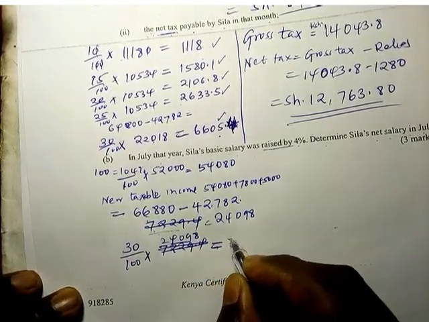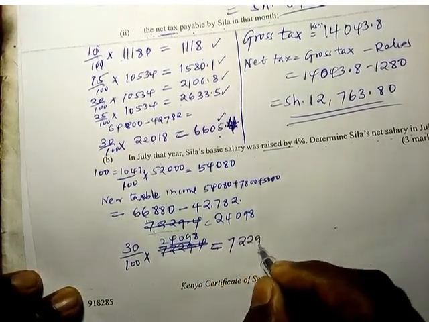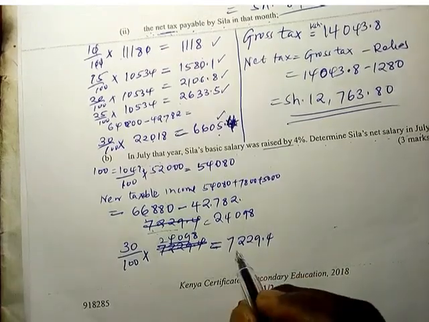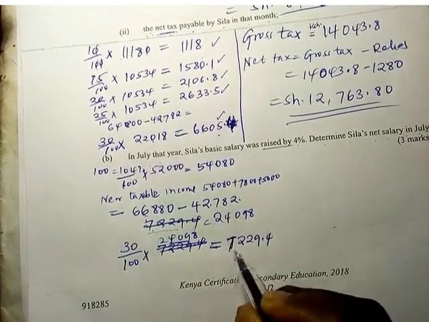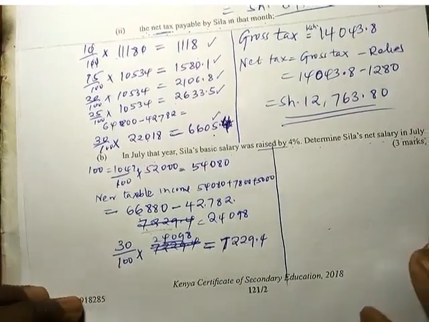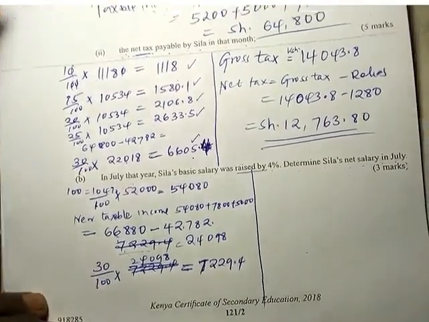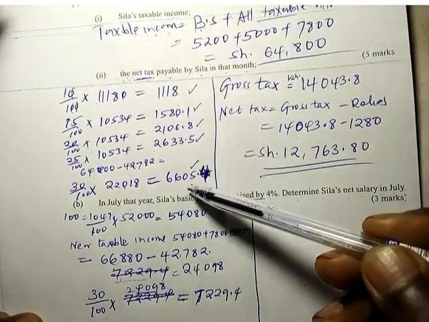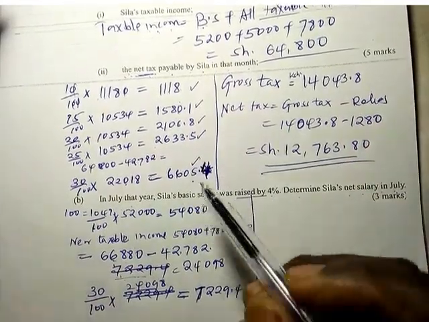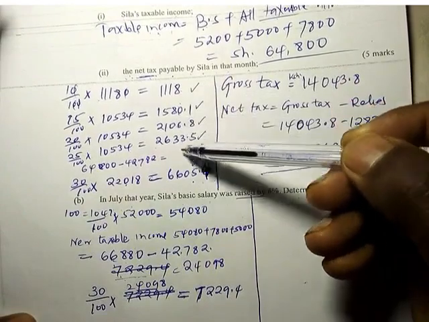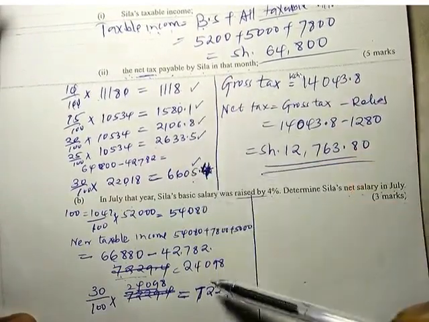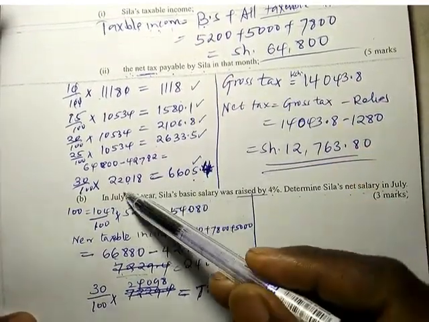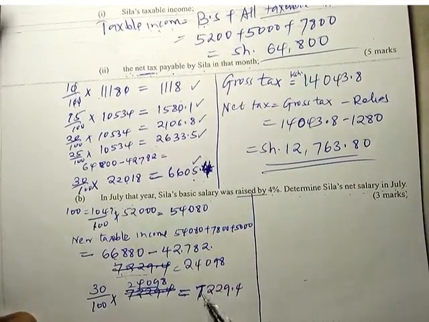The tax itself now will be 72,229.4, the excess tax. So now kama ulikuwa umefanya hii na hii na hii na hii, tunaenda kuongeza. Ama ufanye ongeza hii na hii na hii na hii, usiongeze hii sasa. Badala ya hii tunaenda kuongeza hii ndio iko in excess, sio hii ya 30%. Sasa ni hii kwa sababu mshahara iliongeza.